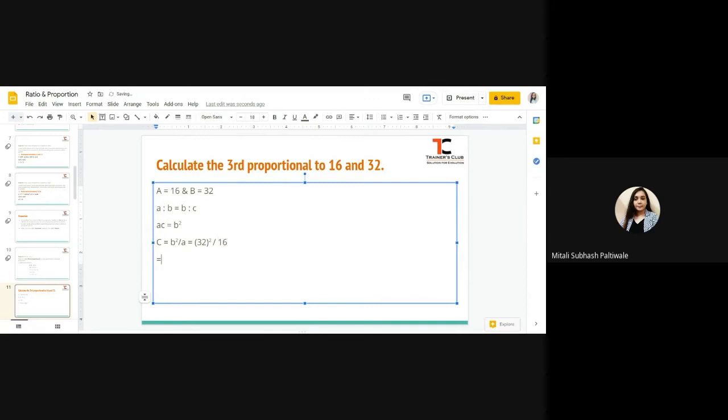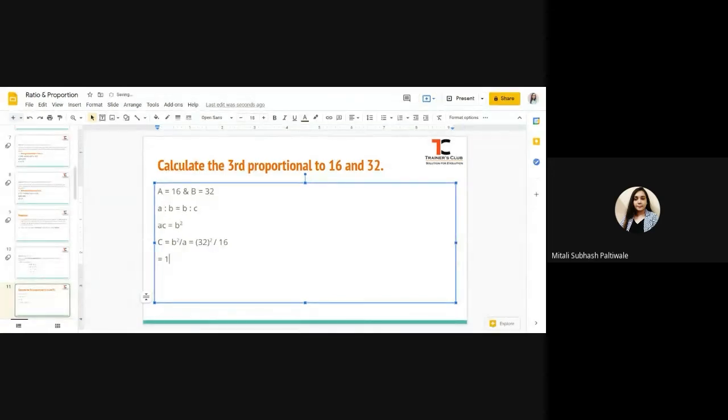Now, 32's square is nothing but, just a moment, it's 1024.